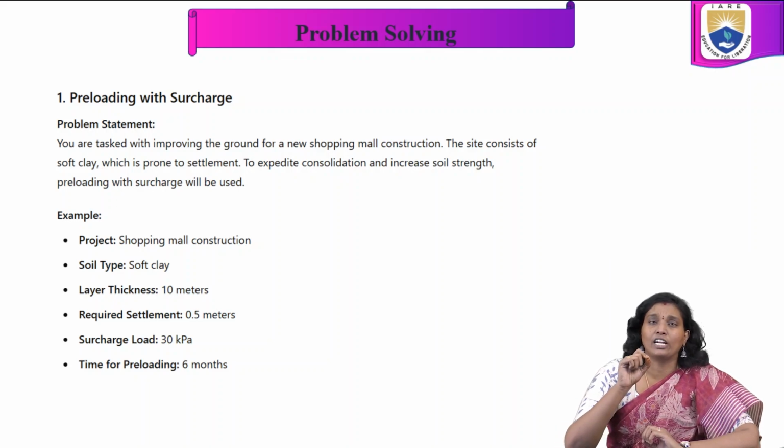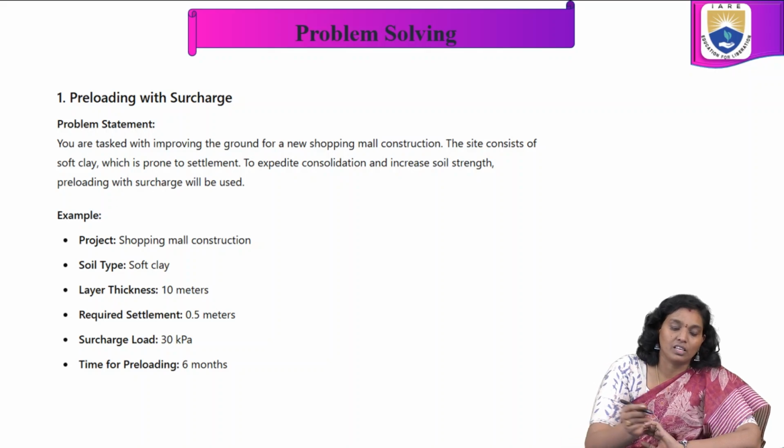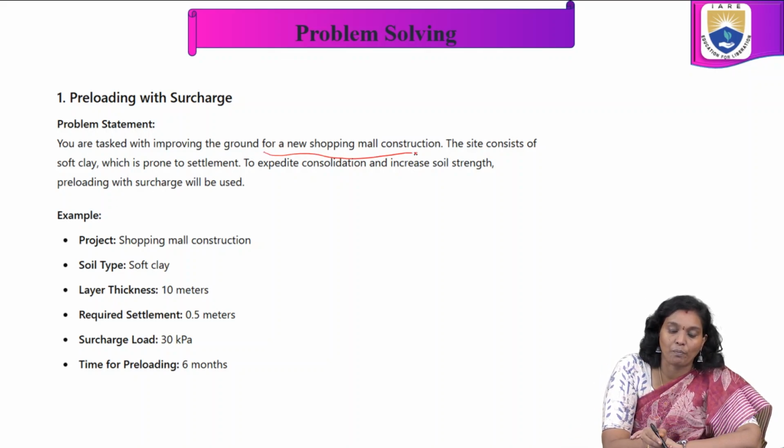Each kind of technology has its own kind of enhancement in the soil property. So in this session, we are going to understand various kinds of problem statements. We are tasked with improving the ground for a new shopping mall construction.